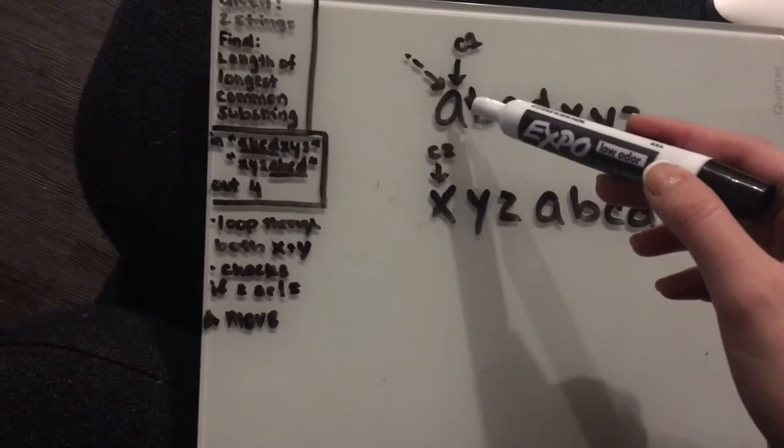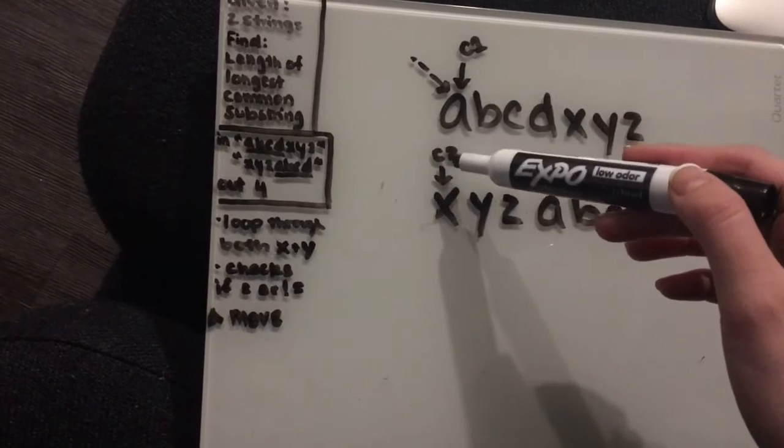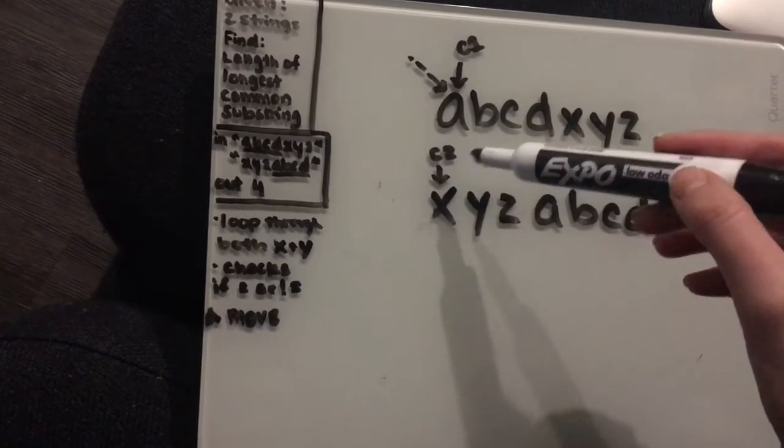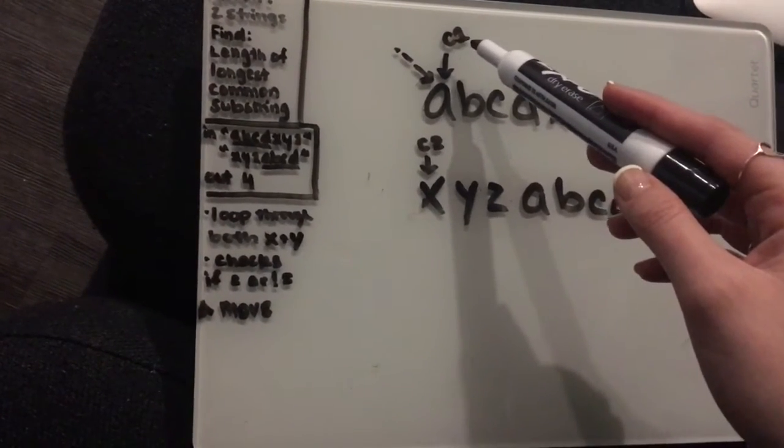So I have a pointer called C1 and another pointer called C2, and we're just going to check if the character at C1 is the same as C2.